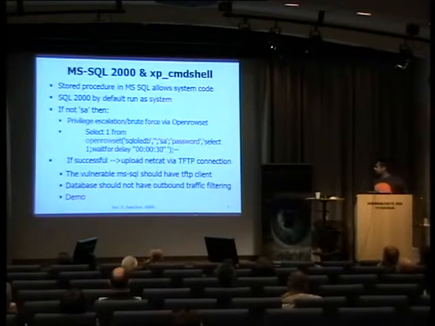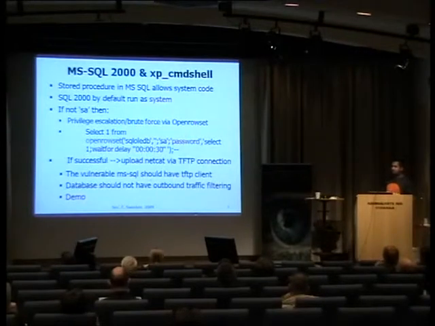Now, the trouble is, if you execute OS code using xp_cmdshell, then in most cases you would want a complete interactive shell. So the old school way to do this is, because it's a Windows box, a SQL server, it will have a TFTP client. The TFTP client is typically installed on all Windows installations.